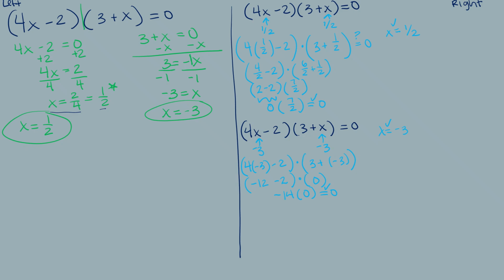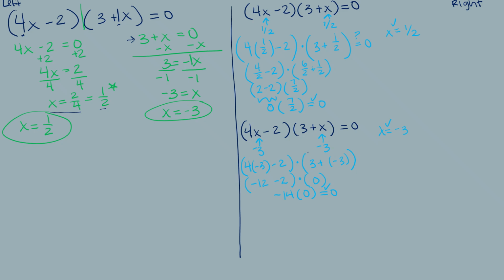And then over here on this side, when we get to the 3 plus x equals 0, it's also just important to remember that there's this invisible 1 hanging out in front of variables that seem like they don't have a coefficient, or like this 4x, this 4 right here is the coefficient, whereas here you don't have a number. It's just important to remember that there actually is an invisible 1 hanging out right here, so you can divide by that negative in front of the x, and you get x equals negative 3.